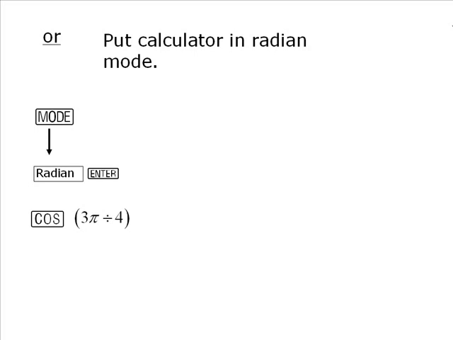And if you're in rad mode, all you need to do is go cosine 3 pi divided by 4. Close up those brackets, and then you'll get the same answer. So that was more direct by staying in rad mode, and the choice is yours. There will be a time when it is advisable to go into degrees. Normally not, though, and this is quicker to stay in rads.